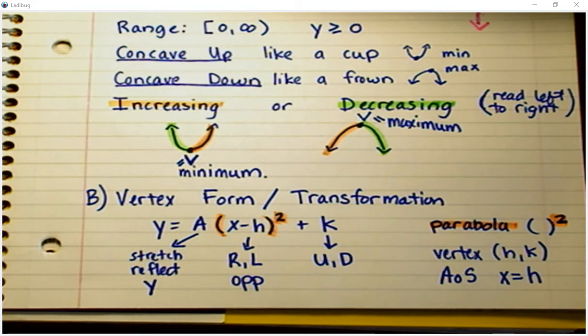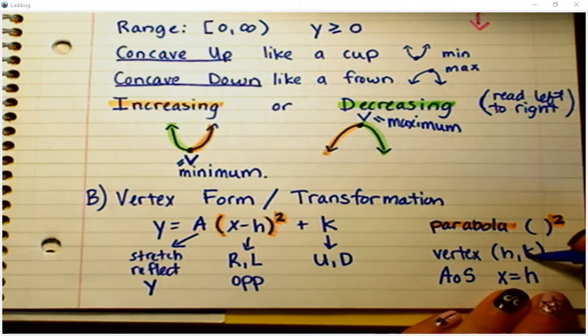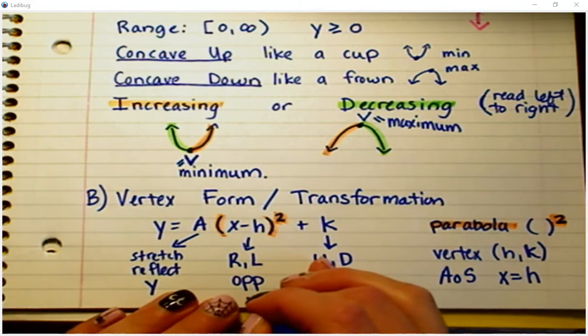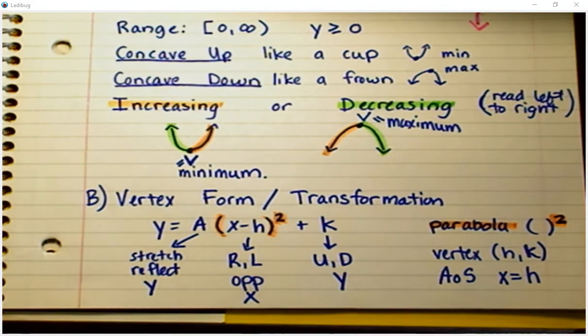Where does the k change? Oh, the y coordinate of the vertex. So here we go, x, y. There you go. Wait, what do you mean? I'm so confused. What do you mean by the y? Like it changes the y? It changes the y coordinate. Yes.